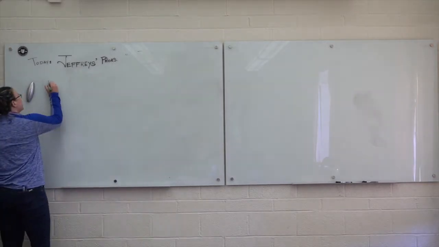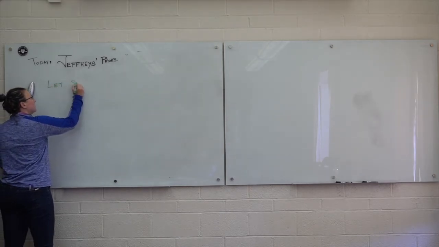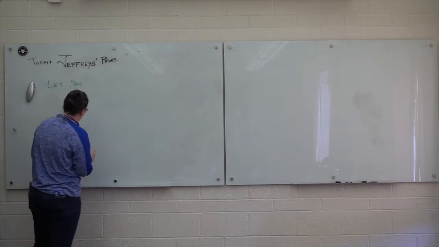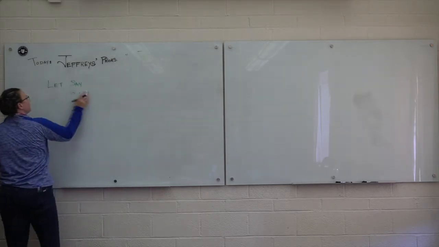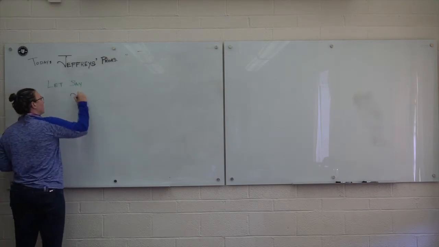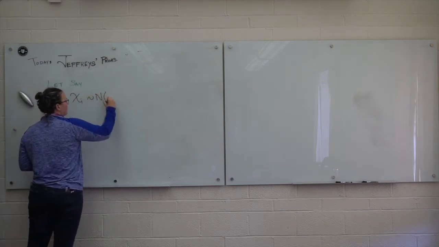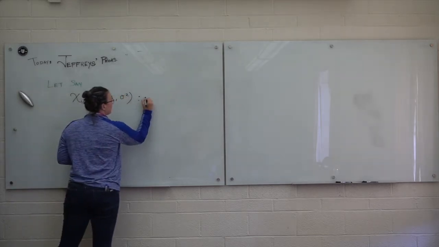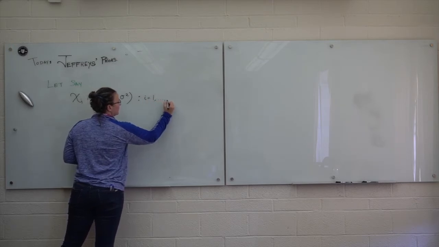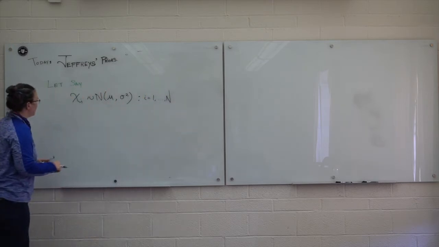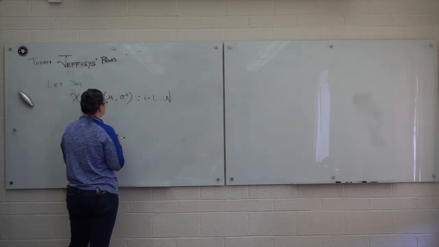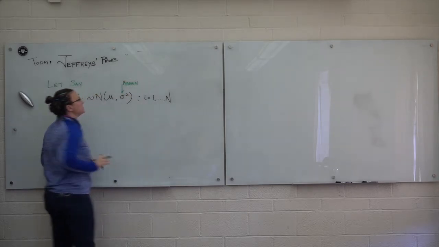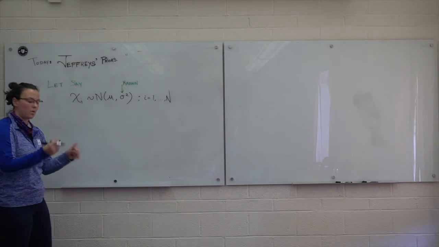So let's say we have our x_i's coming from a normal, mu, sigma squared, i equals 1 to n. We know the likelihood. For this case, we are going to say sigma squared is known. We're just trying to keep it simple, trying to understand where we're going.